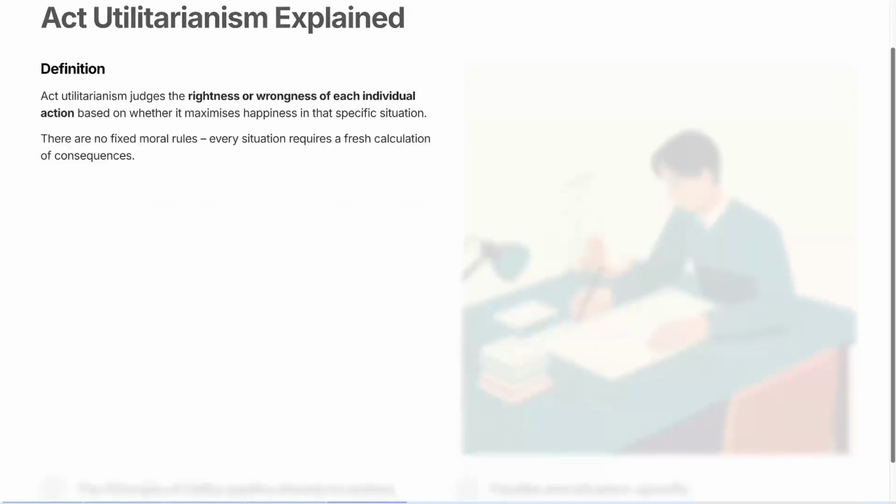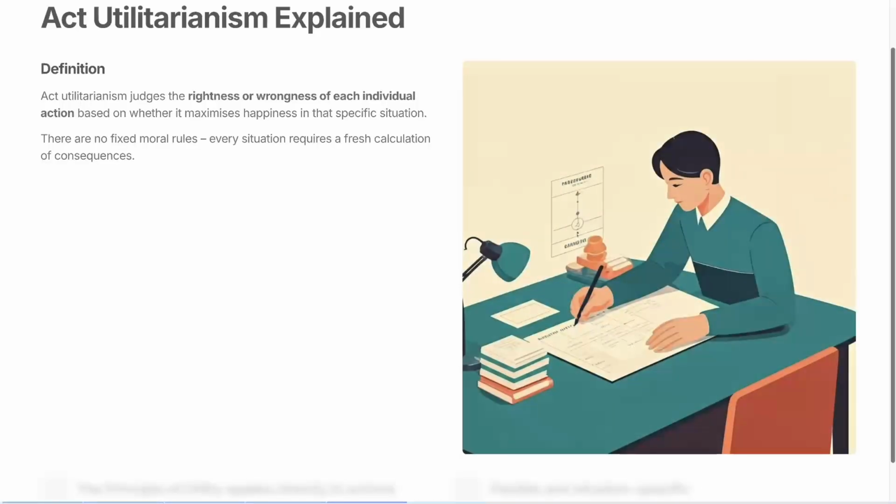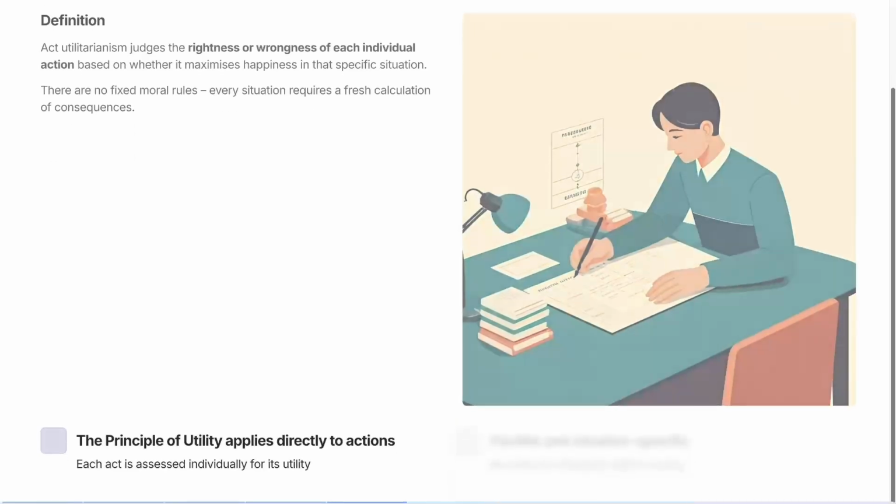What is act utilitarianism? Well, it's the most direct interpretation of utilitarian ethics. According to act utilitarianism, each individual action should be judged solely by its consequences. Whenever we face a moral decision, we should ask which action will produce the greatest overall happiness in that particular situation.